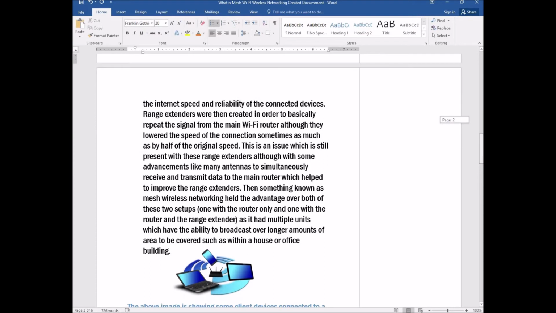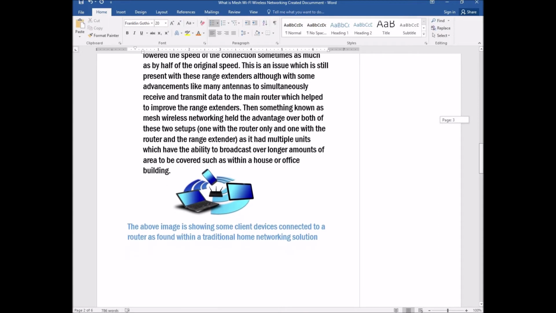Range extenders were then created in order to repeat the signal from the main Wi-Fi router, although they lowered the speed of the connection, sometimes as much as half of the original speed.